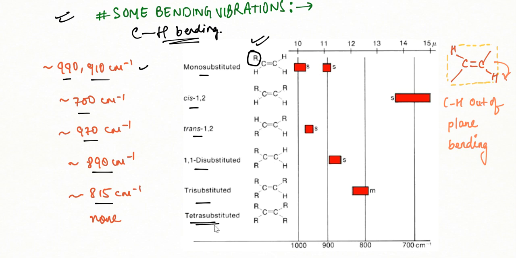And when we get to tetra-substituted alkene, there is no hydrogen, so there will be no bending vibration for the carbon hydrogen bond. And we are talking about the out of plane bending vibrations.